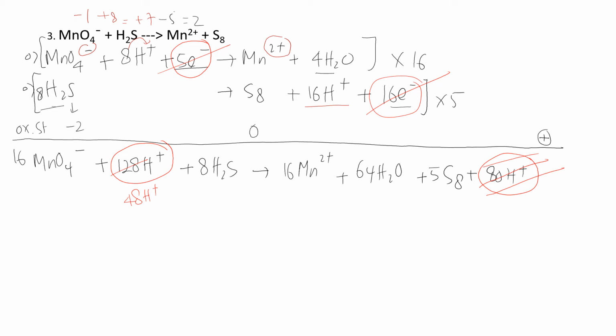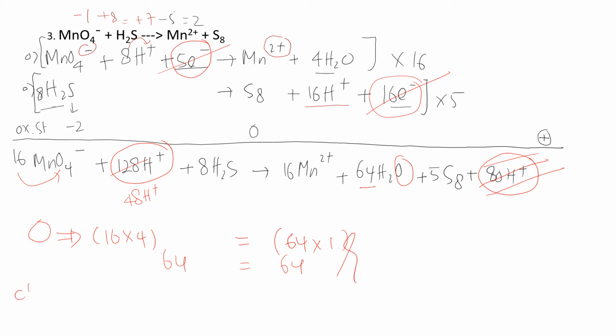Okay, then we check the number of oxygen. The number of oxygen on the left, 16 times 4, that's all on the left, equals, on the right, you have 64 times 1. Here only 1 times 1. So 64 equals 64, already balanced. The charge.